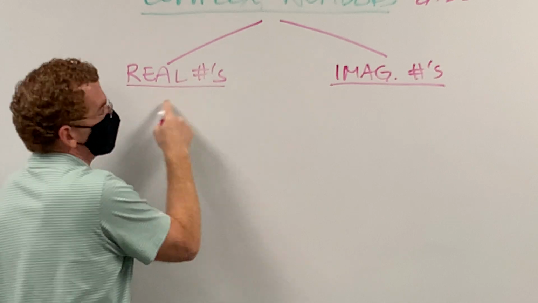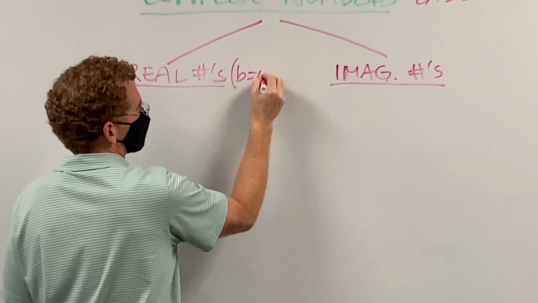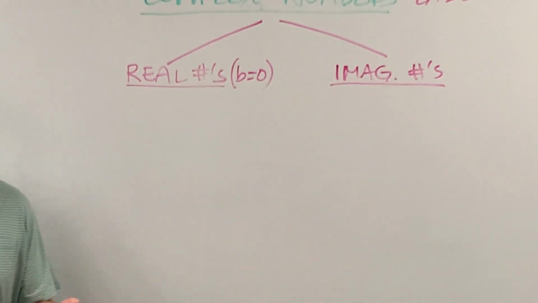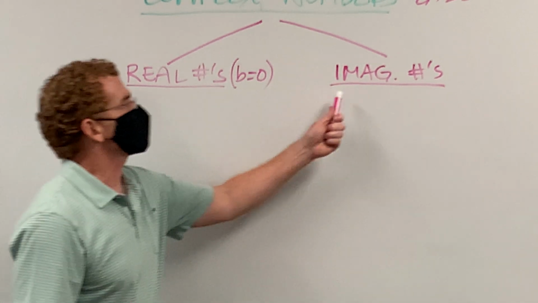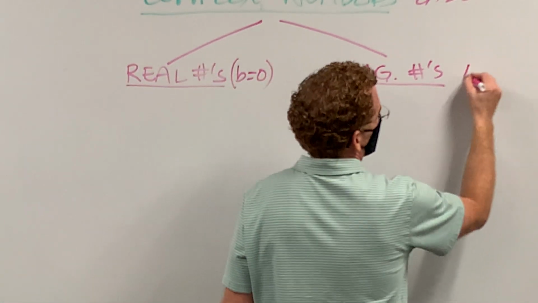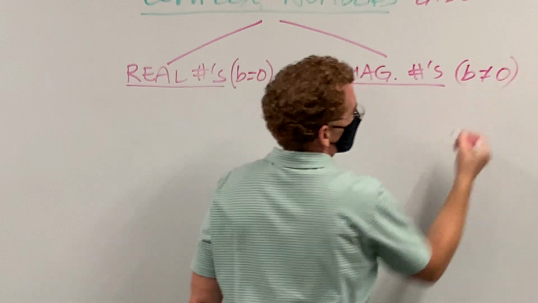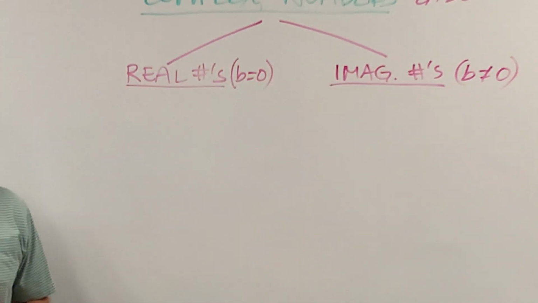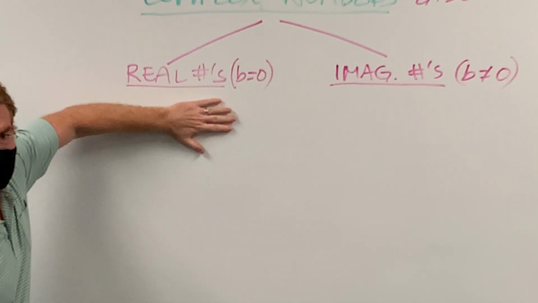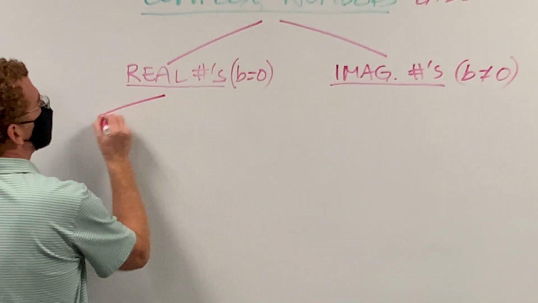So real numbers would be when the b equals 0 and all you're left with is the real part. Imaginary numbers would be when b is not 0. So if b is not 0, then I actually have an i in my answer. Right? Now, real numbers break up into what?